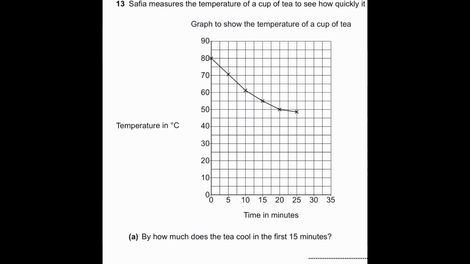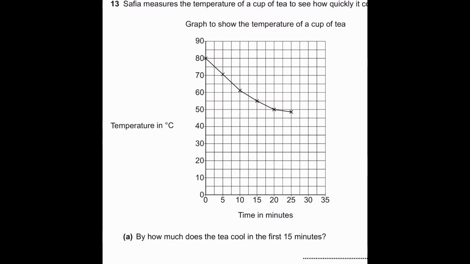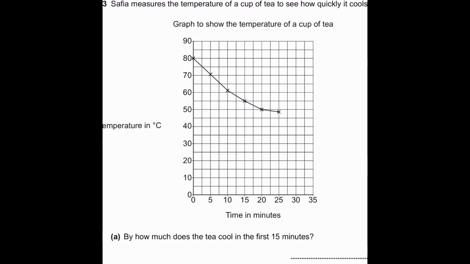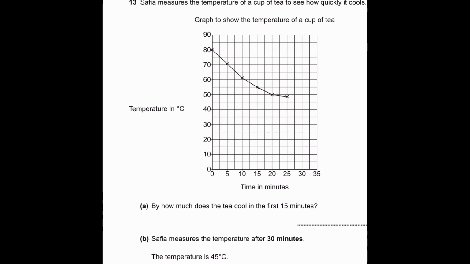Question 13. Safia measures the temperature of a cup of tea to see how quickly it cools. The graph shows the temperature of a cup of tea. The x-axis is time in minutes and the y-axis shows the temperature in degrees Celsius.